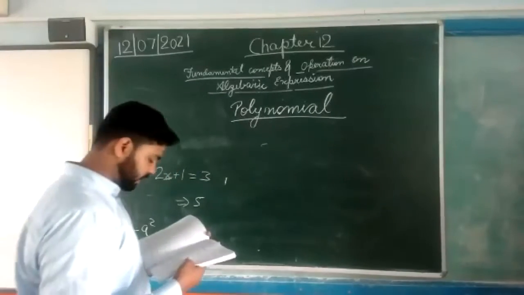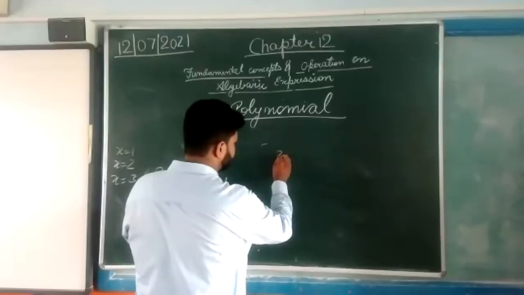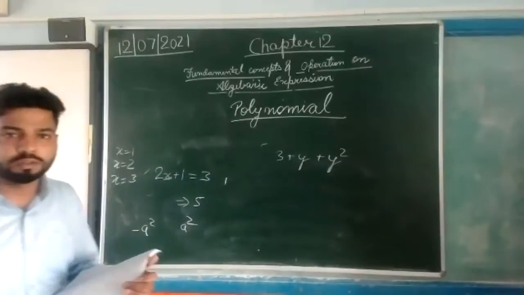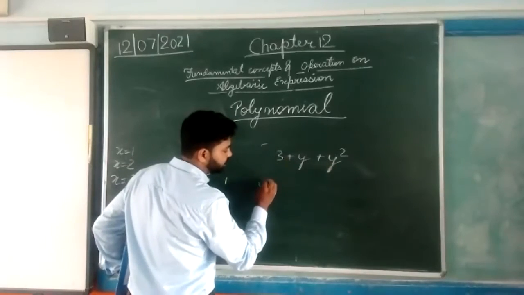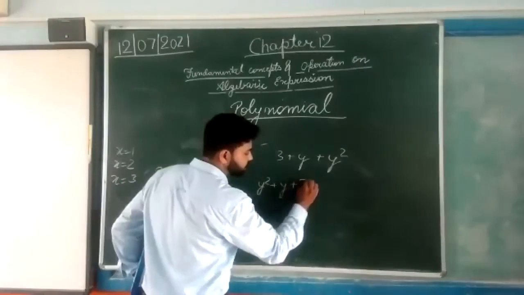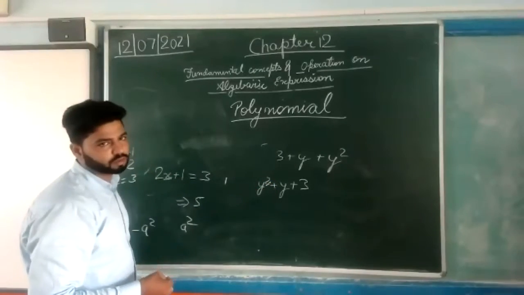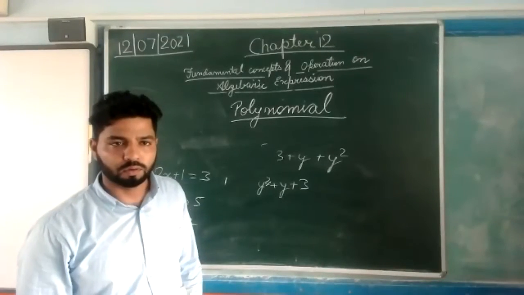Let's suppose we are taking the example, question number 12, second part, that is 3y plus y square. This is the question. First of all, we will rearrange that, it will become y square plus y plus 3. It is having the maximum power 2, so it is a quadratic polynomial, or you can say that it is a polynomial. Okay, sir.